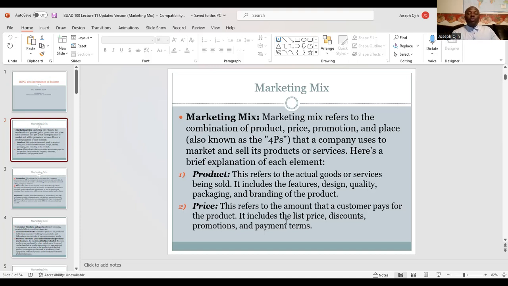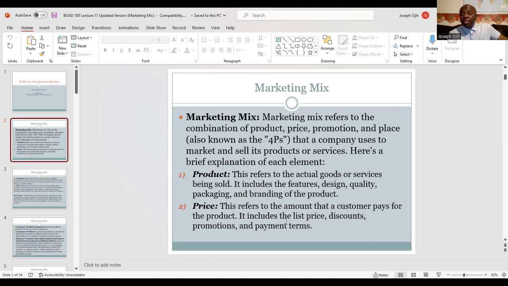So now it includes things like the list price, the discount that's being offered by the company that sells the products, promotions. Sometimes we go to a store and they are having sales. You want to take advantage of the sales as well.